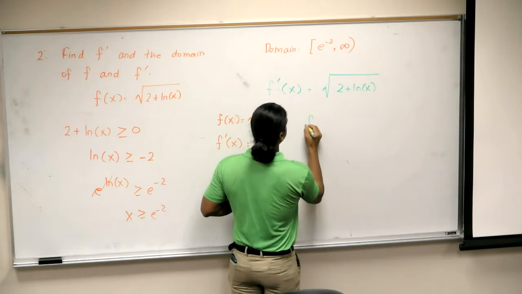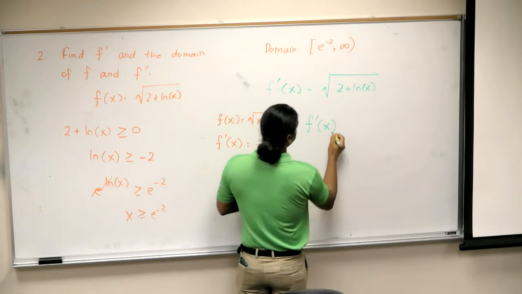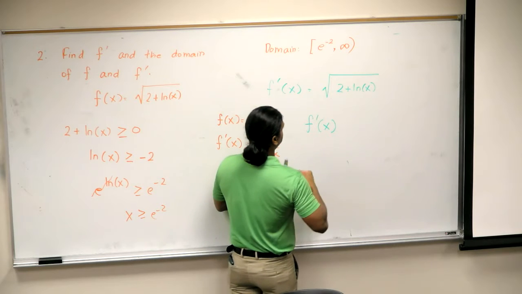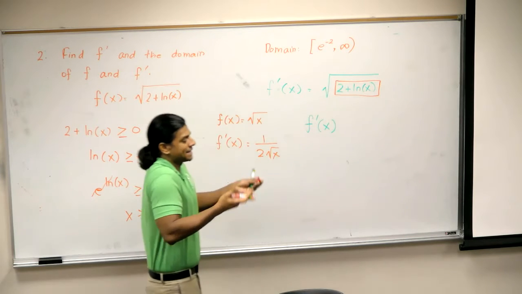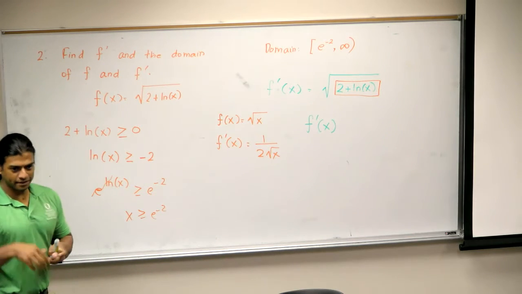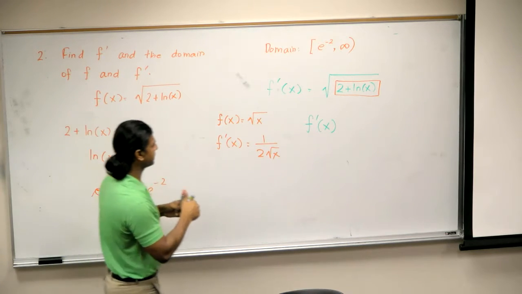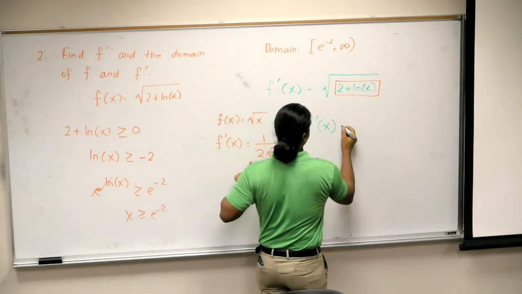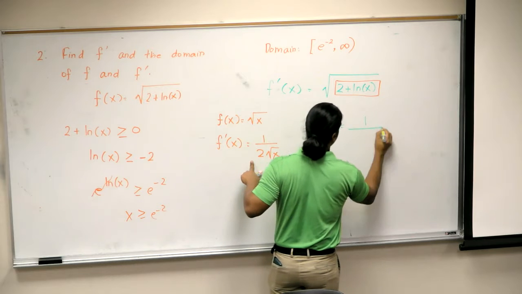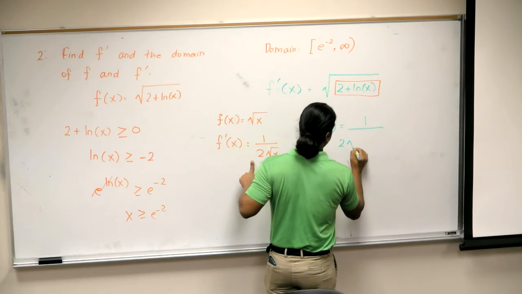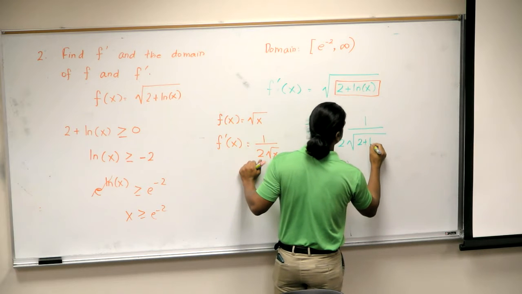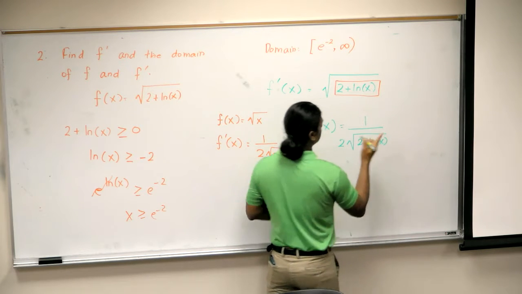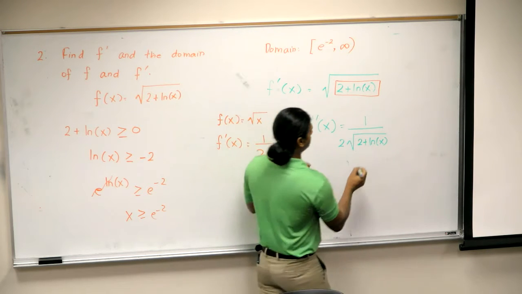So if I treat that entire expression as x, what is the derivative of that? It would simply be 1 over 2 times that entire expression. Is that it?